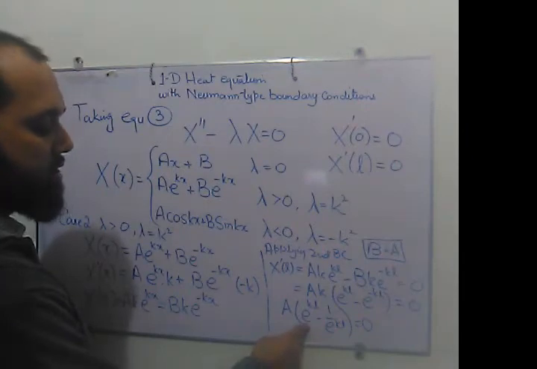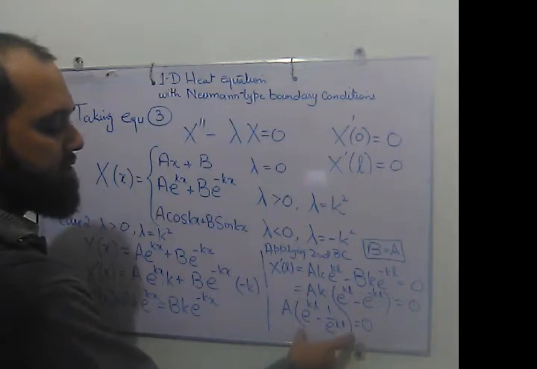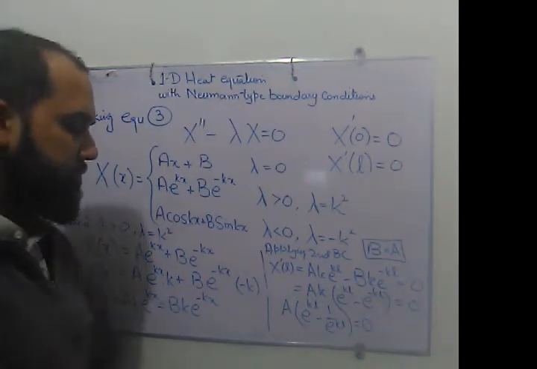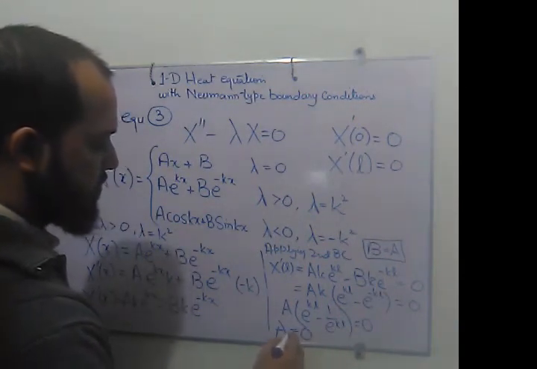So if we subtract something which is less than this one, the bracket term will remain positive, which means that the bracket term cannot be taken as 0. Therefore a would be 0. We have no choice. So a is equal to 0.